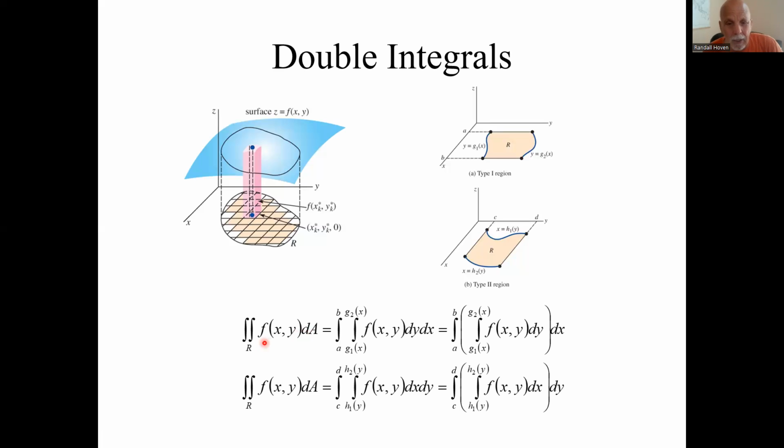The value of the function times the area is the volume of that parallelepiped. Then you sum over all the area in the xy plane, and you get the volume under the surface. That's what the double integral does.